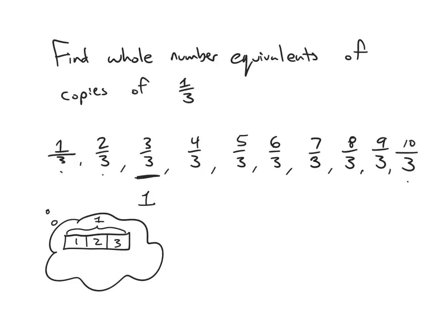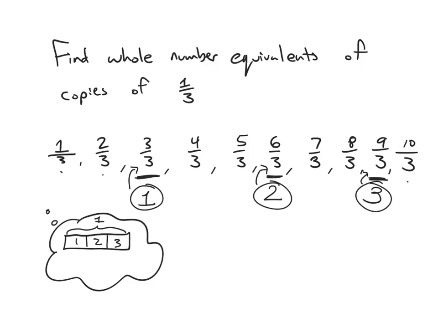And by that logic, 3 more copies of 1/3 will be 6 thirds, so that's going to equal 2. And then 3 more copies of 1/3 is going to be 9 thirds, and that's going to equal 3 wholes. So I've found the whole number equivalents to 1, 2, and 3 wholes as 3 thirds equaling 1 whole, 6 thirds equaling 2 wholes, and 9 thirds equaling 3 wholes.